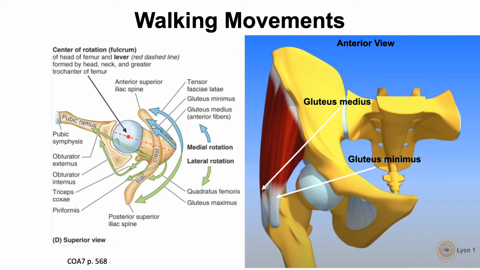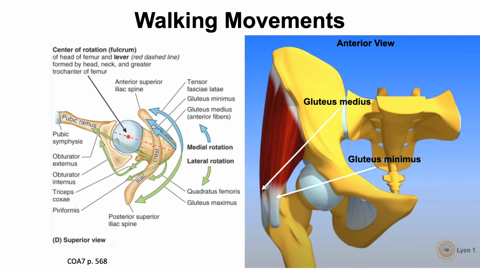And really, the angle of inclination is big for walking movements. So we talked earlier basically about medial rotation and lateral rotation. Both of these rotations help give circumduction to the leg, so allow our swinging of the leg to allow us to propel forward or backwards, however we should want.